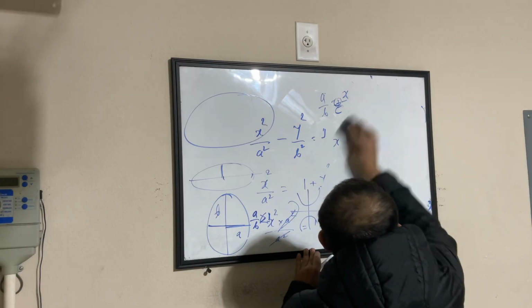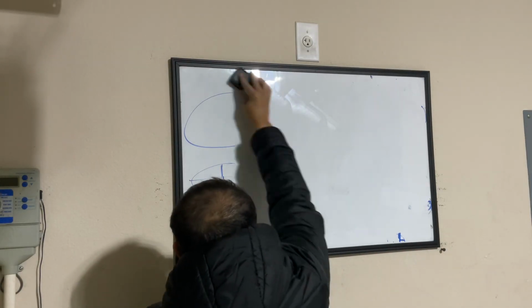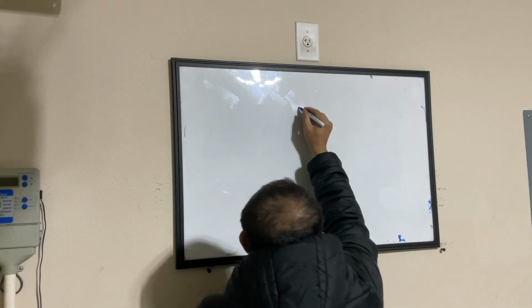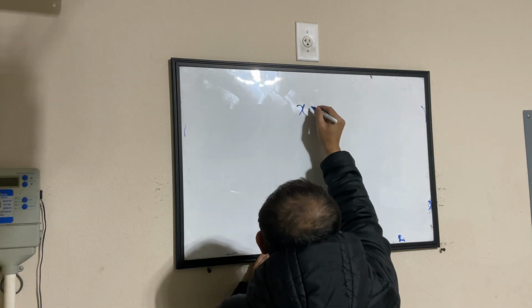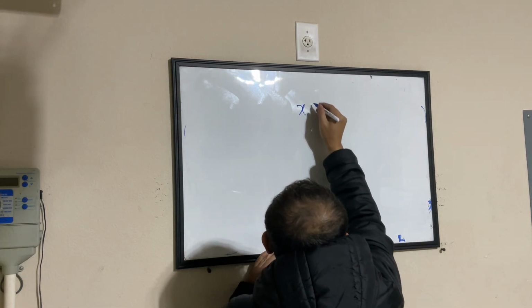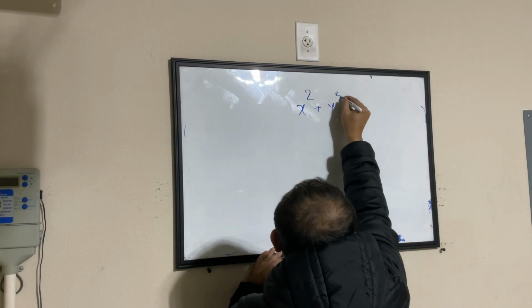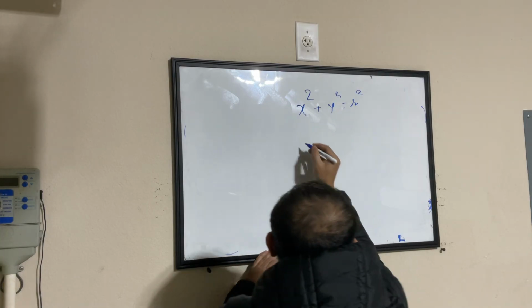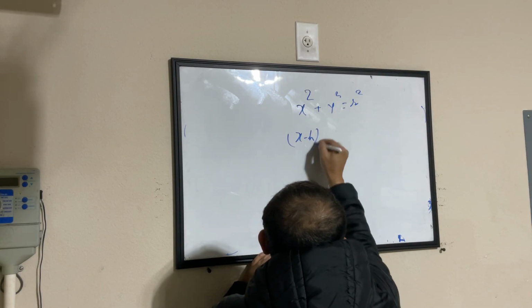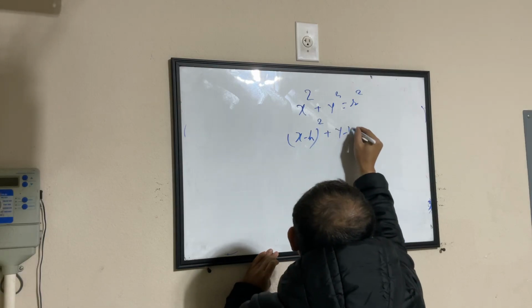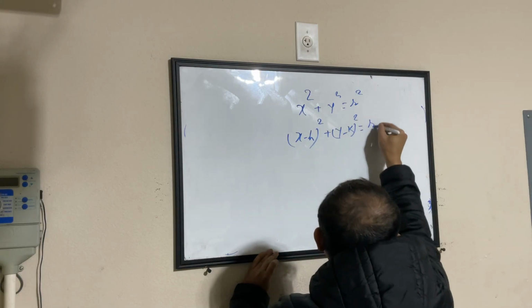I will only tell one thing, that when you look at the equation for hyperbola, we'll again relate that with the circle's equation that we have seen. So in case of circle, we knew that we can say x squared plus y squared equal to r squared, or (x minus h) squared plus (y minus k) squared equals r squared.